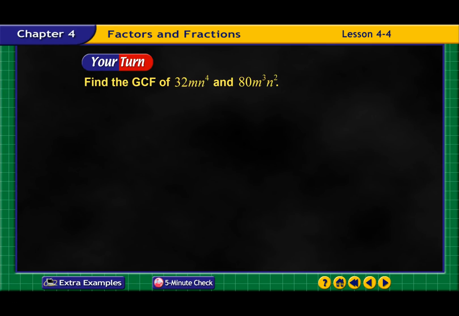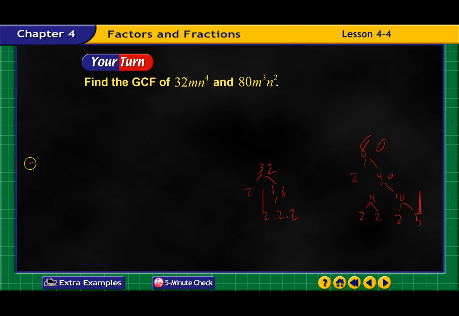All right, pause this, give it a shot. All right, so you're going to have to prime factor them out first. So let's do 32. It's going to be 2 and 16. And that's going to be 2 times 2 times 2. Let's do 80. 2 and 40, which is going to be 4 and 10, which is going to be 2 and 2, which is going to be another 2 and a 5.